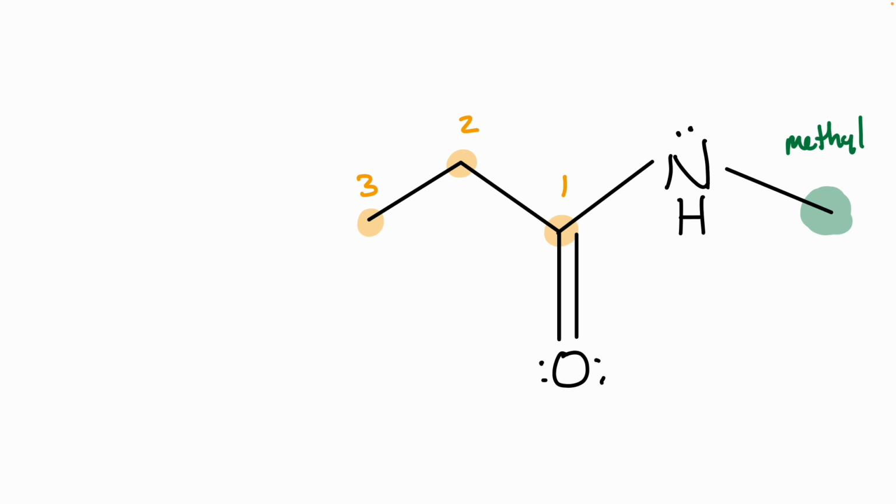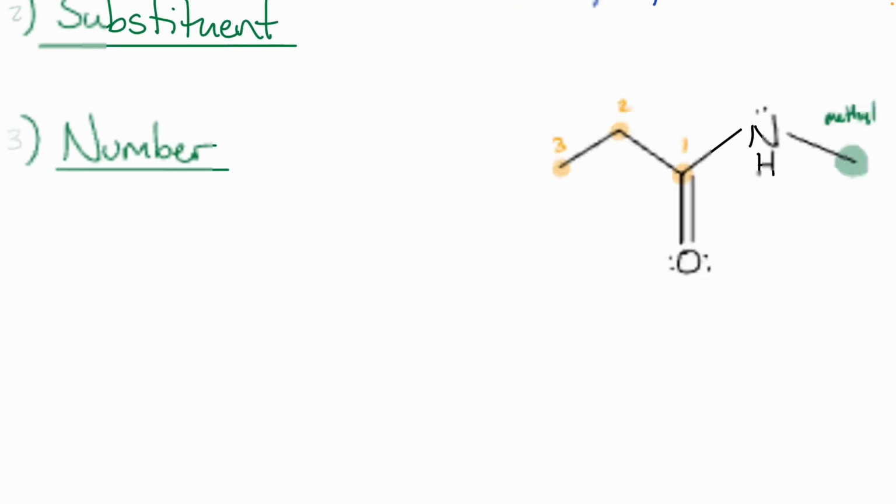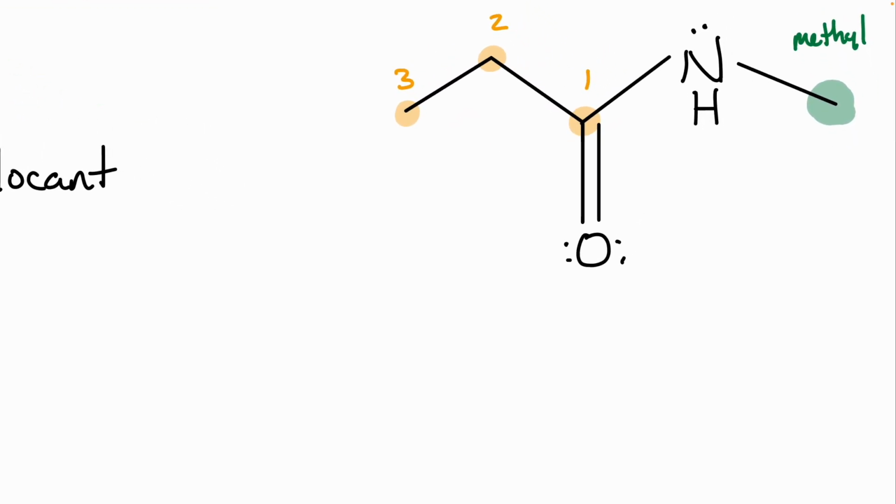But how do we indicate that it's on that nitrogen? We're going to use N as a locant. So just like we would say there's a 2-methyl for a methyl group on carbon 2, instead we're going to say this is N-methylpropanamide rather.